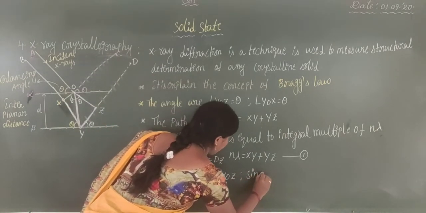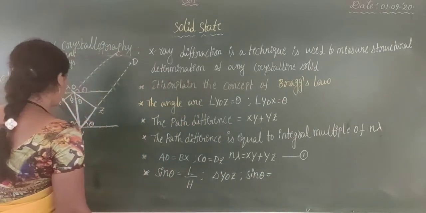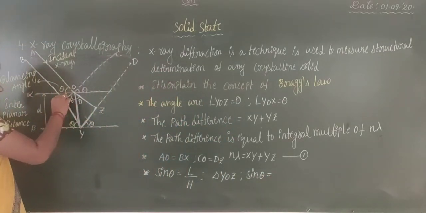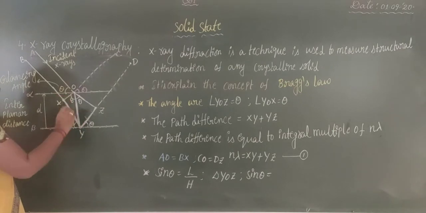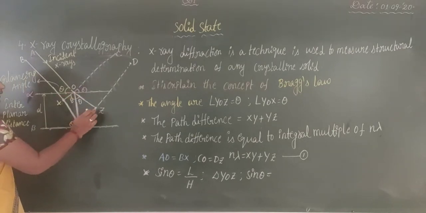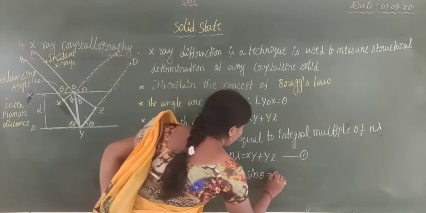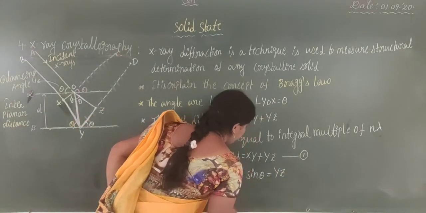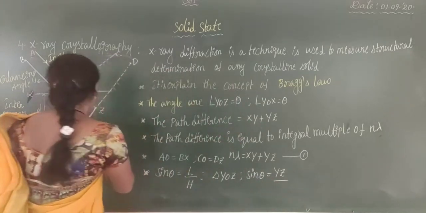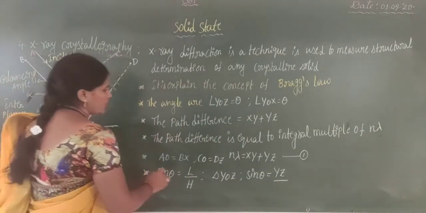Sin theta is equal to the perpendicular YZ by the hypotenuse, which is OY.